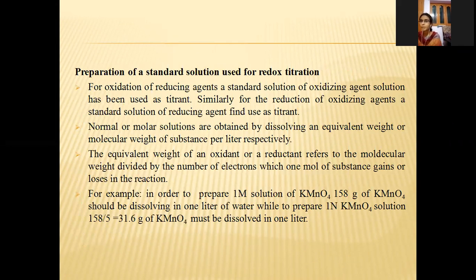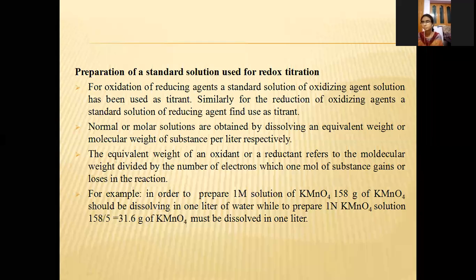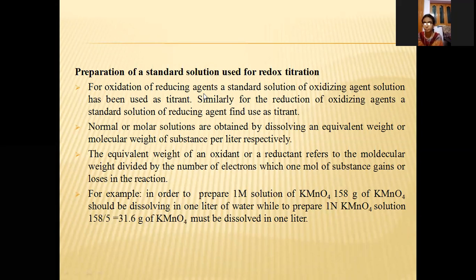Next, preparation of the standard solution in redox titration. For oxidation of the reducing agent, a standard solution of the oxidizing agent has been used as the titrant.